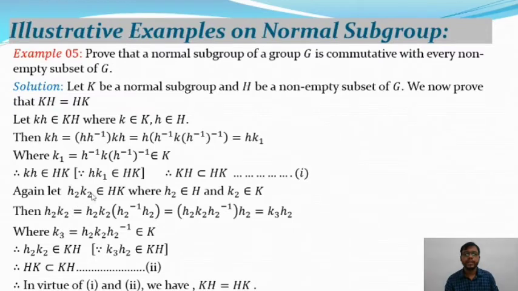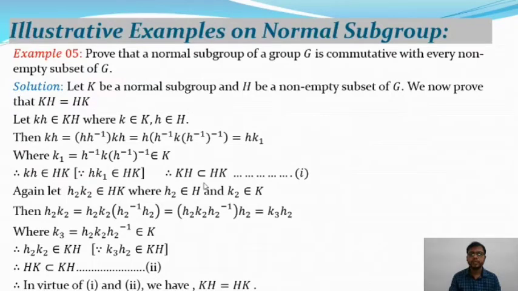So therefore HK is a subset of KH, and we call it equation number 2. From equations 1 and 2 we conclude that KH is equal to HK. This is the proof of the 5th example on the normal subgroup.